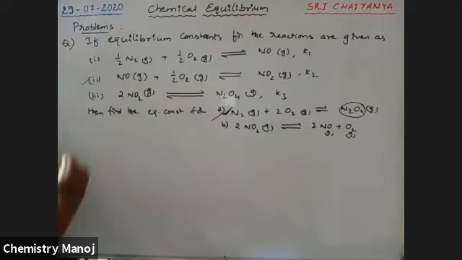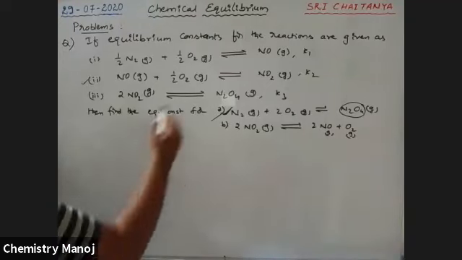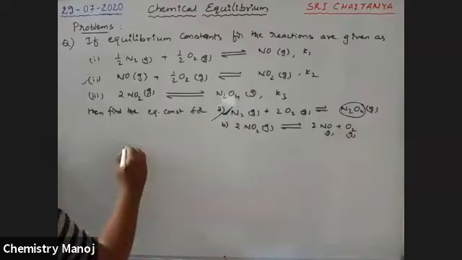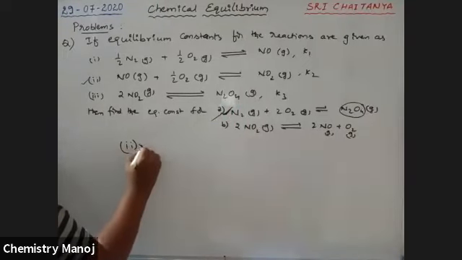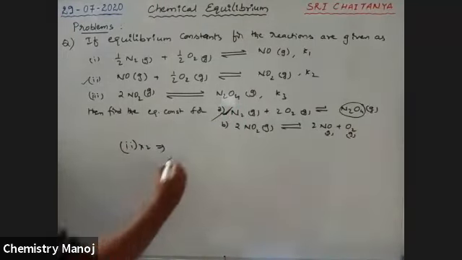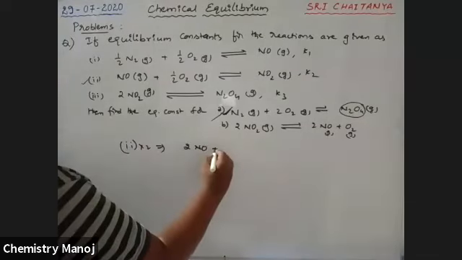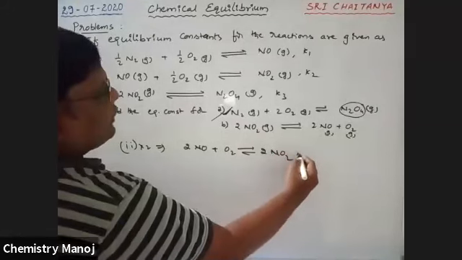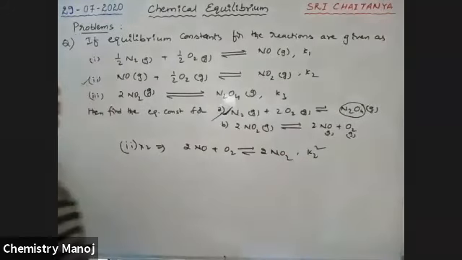Take the second equation. To get 2NO2, multiply this equation by 2. So 2NO plus O2 reversible with 2NO2, therefore it is K2 square.